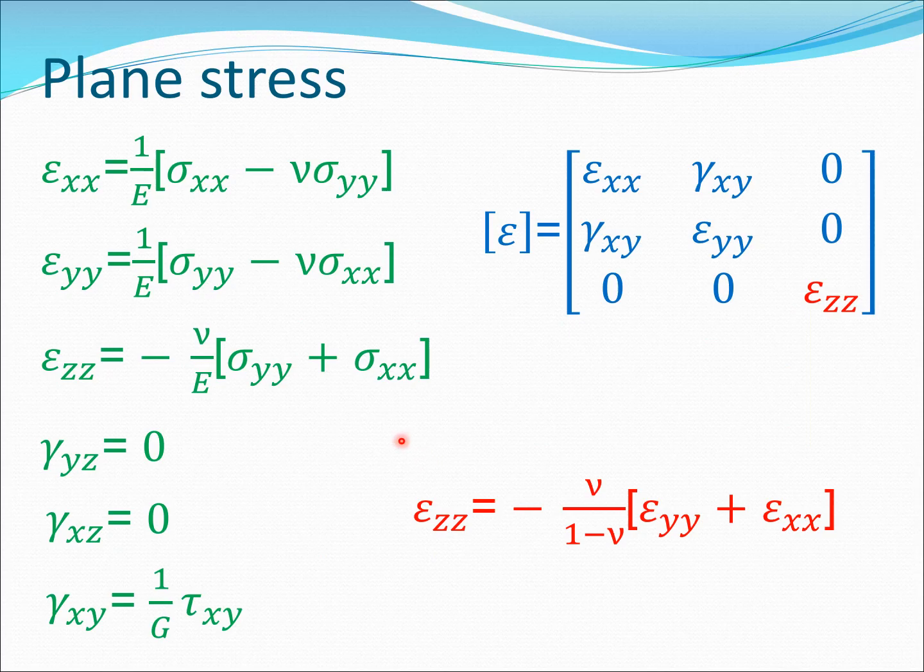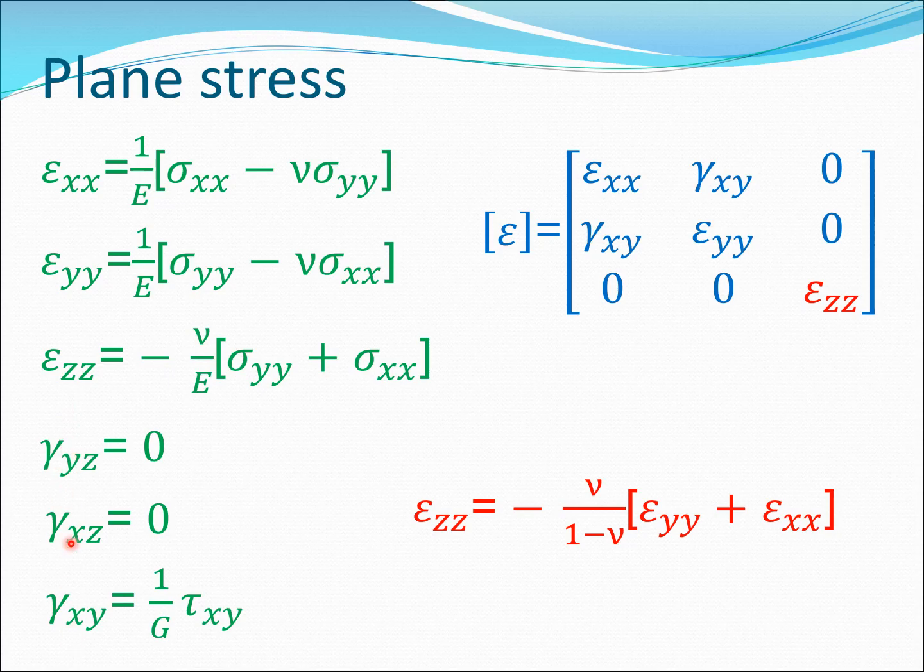So now let's get back to the strain-stress equations. The three strain-stress equations for plane stress are given here. Here we have taken the previous equation for the compliance matrix and set those particular stress terms to 0, and so we obtain these equations. You get epsilon xx, epsilon yy, epsilon zz as the normal strains, and then you get the three shear strains here.